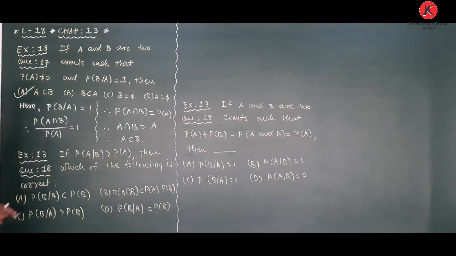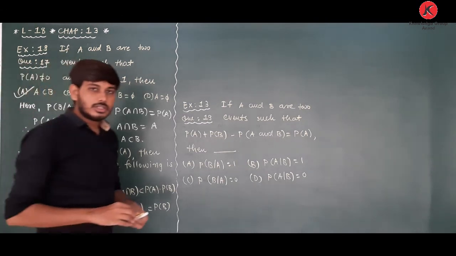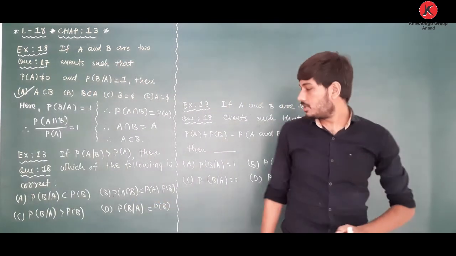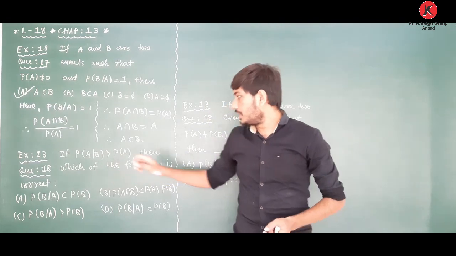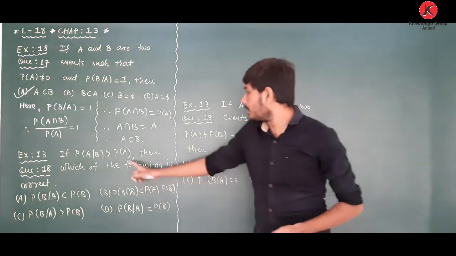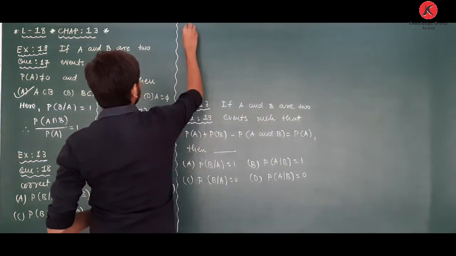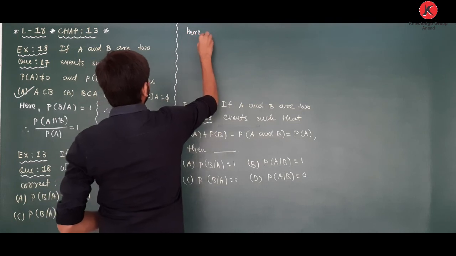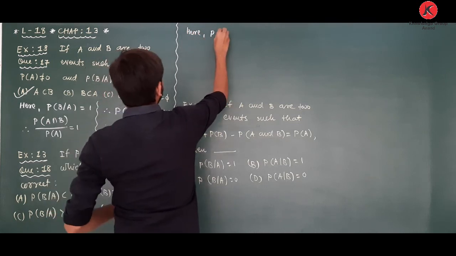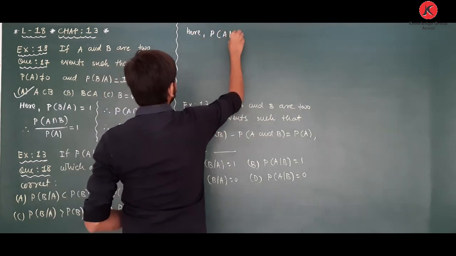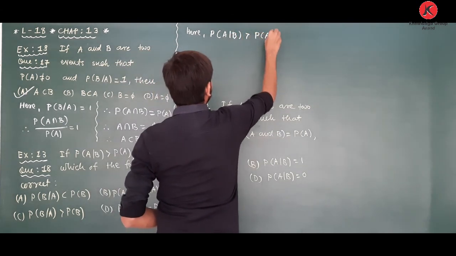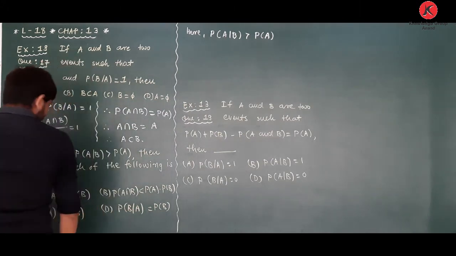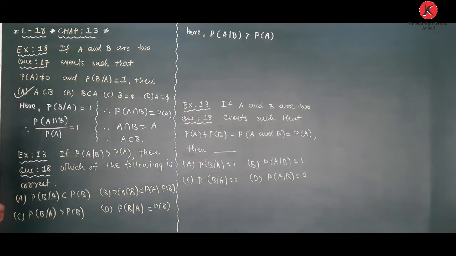Okay. Now we are going to discuss the next MCQ, question number 18. If probability of A given B is greater than probability of A, then which of the following is correct?